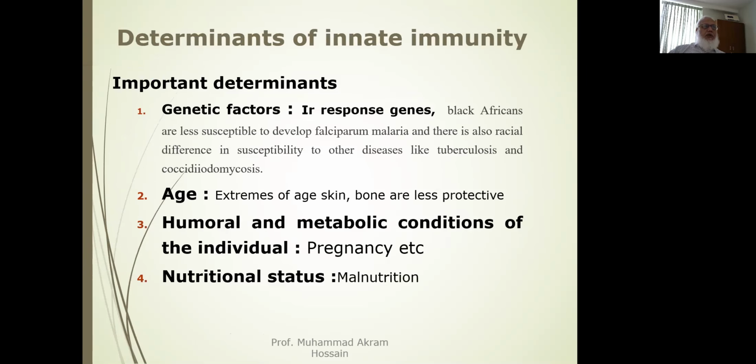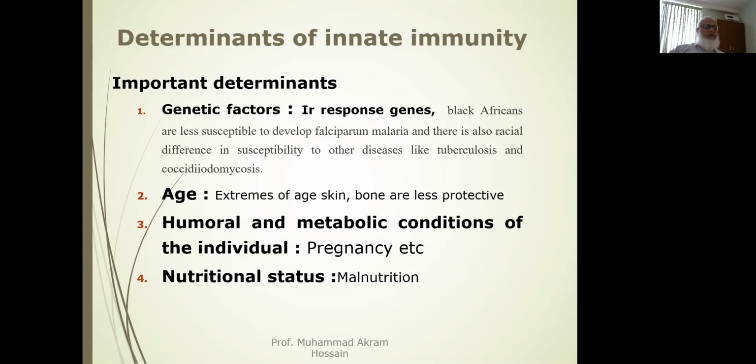What are the determinants of innate immunity? Important determinants are genetic factors, humoral and metabolic conditions of the individual, and nutritional status. Genetic factors: immune response genes are an important determinant of innate immunity.